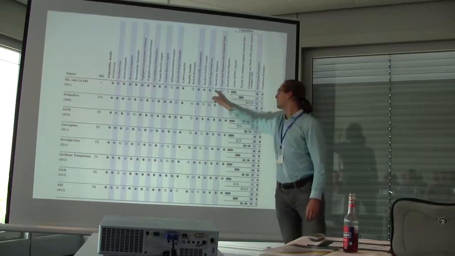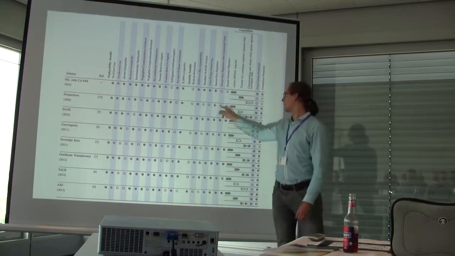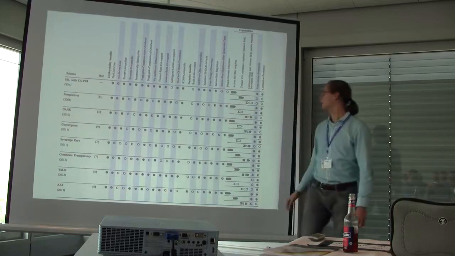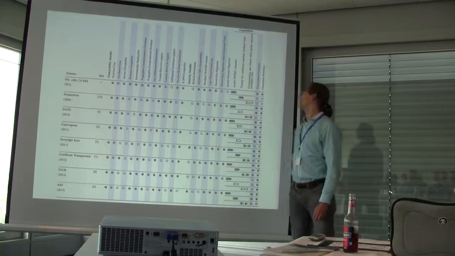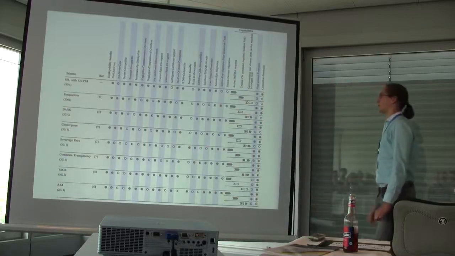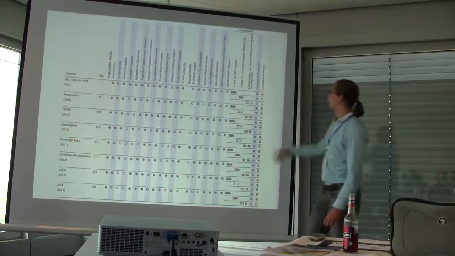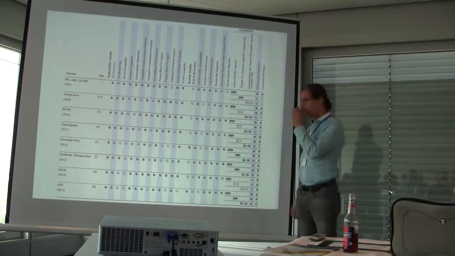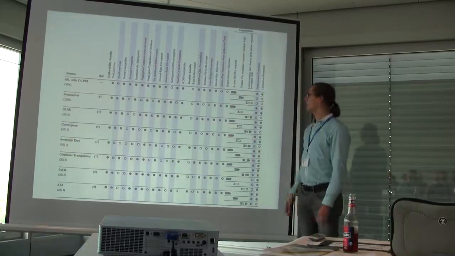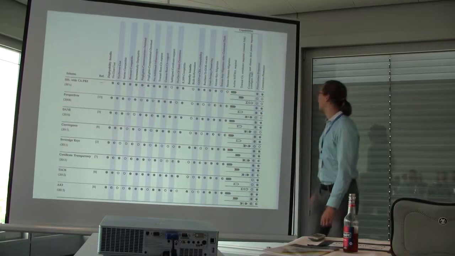That's a black circle, or almost a benefit, that's a half circle, or it does not offer the benefit, which is a blank circle. And then for the man-in-the-middle adversary capabilities, we use those kind of arrows.